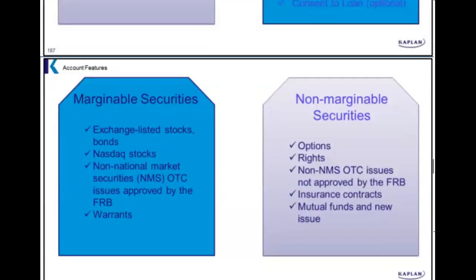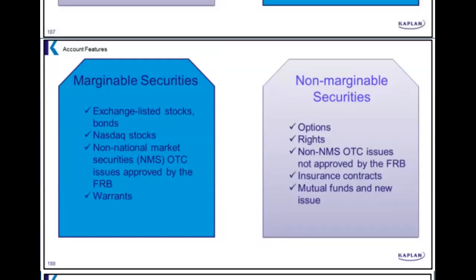Let's take a look at what could be margined and what is not permitted to be margined as far as securities go. I usually say, just memorize what isn't marginable and you'll know everything else is. We know that options are not allowed to be margined. Preemptive rights, or just simply rights we call them, would not be permitted to be margined. Any over-the-counter issues that have not been approved by the Federal Reserve Board.